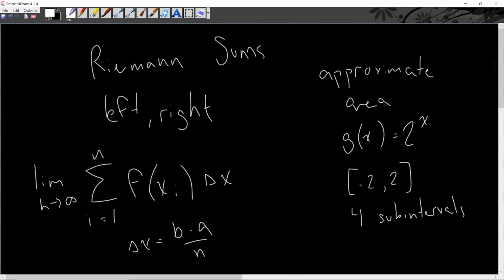Now, since this is a modification of our formal definition, we only have 4 subintervals. So we have n equal to 4, and we're only adding 4 things, right?